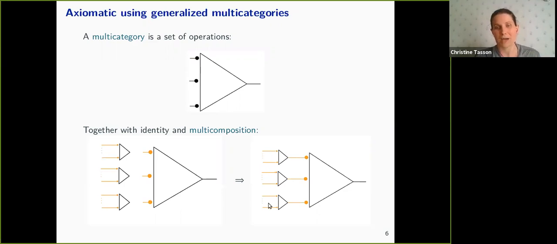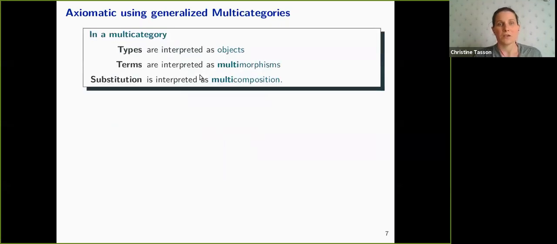And that is why I will need to have a monad to interpret the context, which is this sequence of inputs. Okay, so in a multi-category setting, types are interpreted as objects. Terms are interpreted as multimorphisms, and the substitution is interpreted as multi-composition.